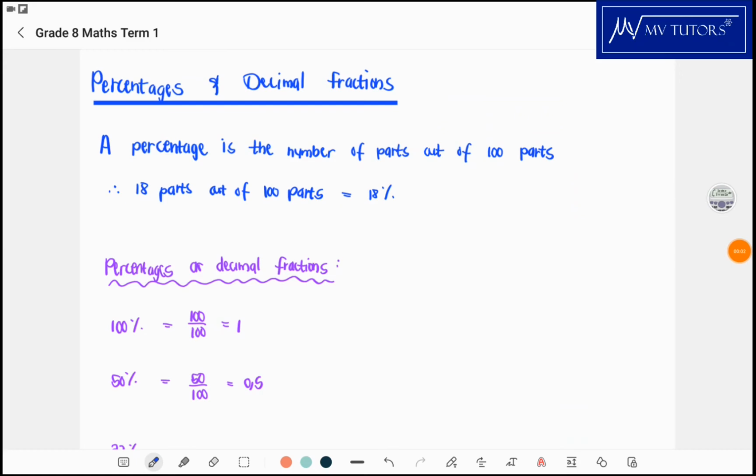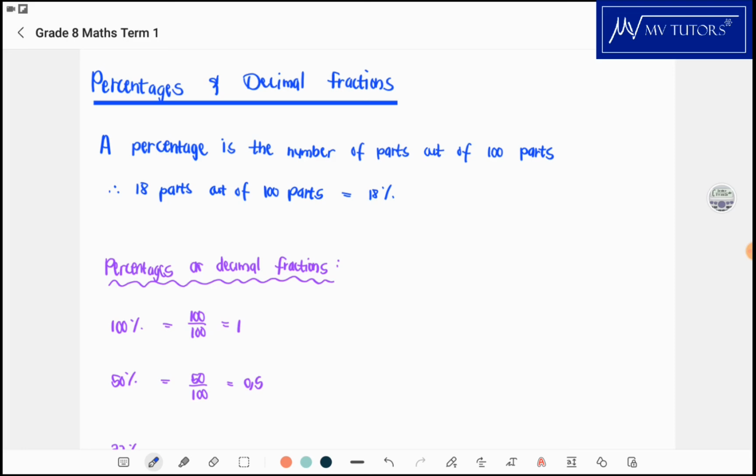So we also use whole numbers in the topic of percentages and decimal fractions. When it comes to percentage, the definition of a percentage is the number of parts out of 100 parts. Therefore, if you have 18 parts out of 100 parts, that would be 18%. Remember when we were discussing the topic of rate, we said that we often use the word per when working with rates, like kilometer per hour or rands per kilogram.